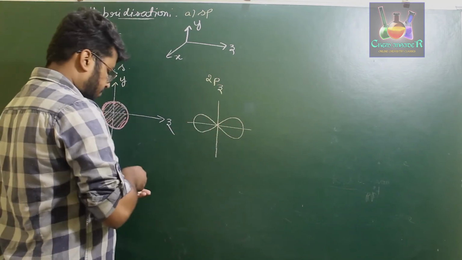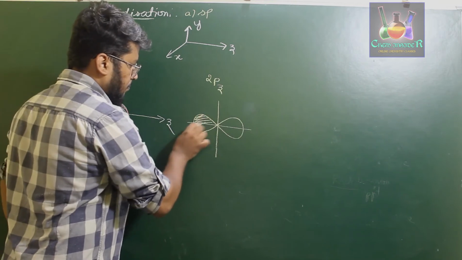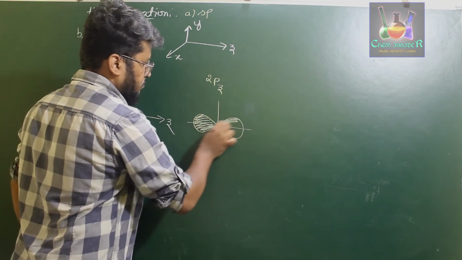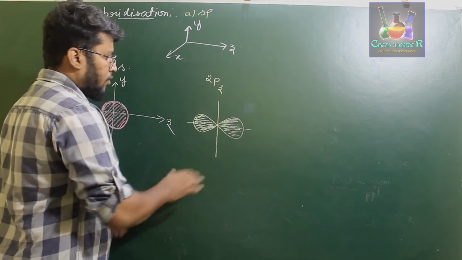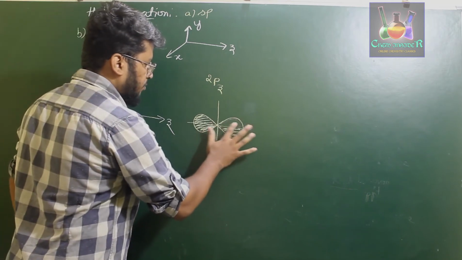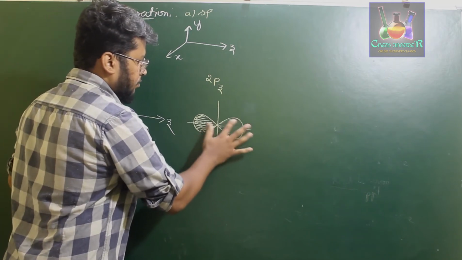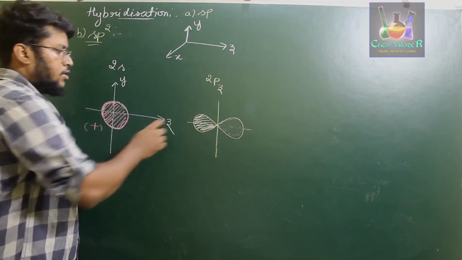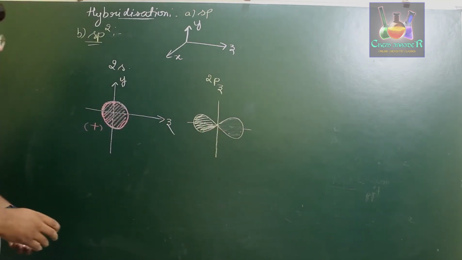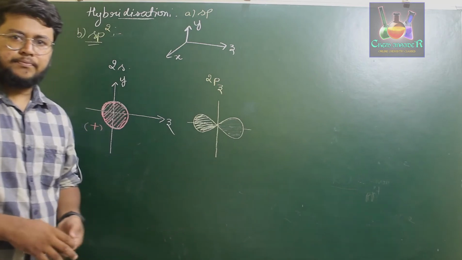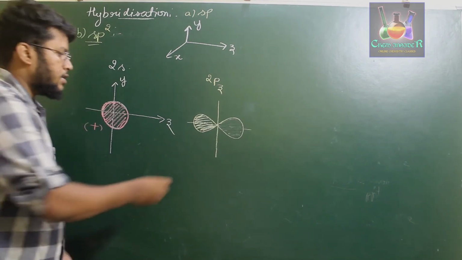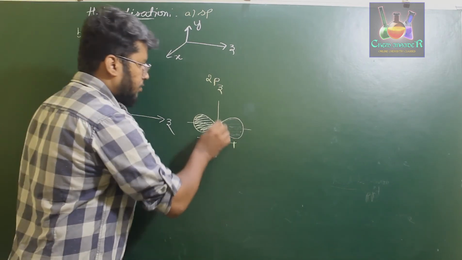Here we observe that one lobe will be positive and the other lobe will be negative. The shaded lobe will be positive and the unshaded lobe will be negative, or you can take this as negative and this as the positive lobe.